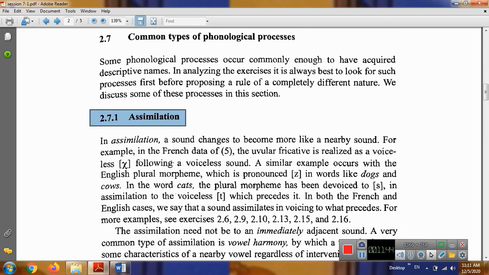One of these phonological processes is assimilation. Please pay attention to this explanation, because some of you may use these phonological rules for your thesis, and learning them is very important. One of these phonological rules is assimilation.